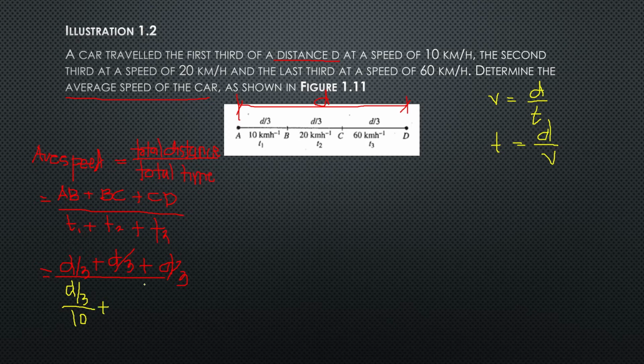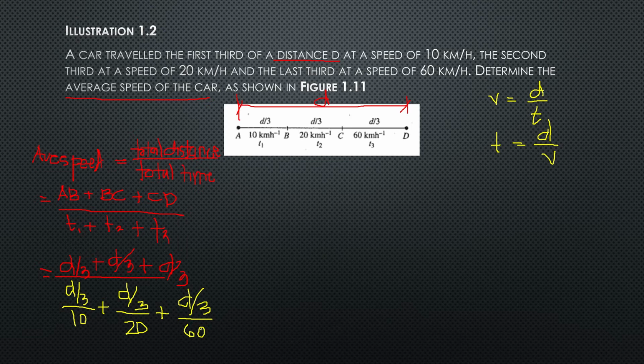T2 is distance B to C, similar to D all over 3, all over the velocity at that instant, which is 20 kilometers per hour. Then on time 3, C to D, distance traveled is D all over 3 all over 60.